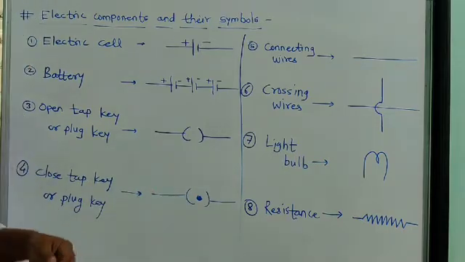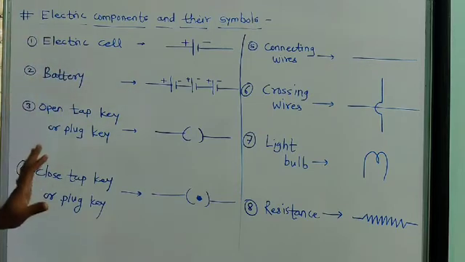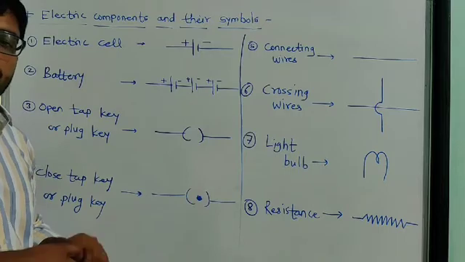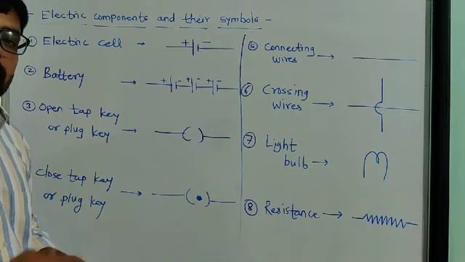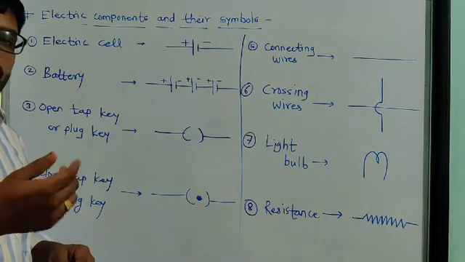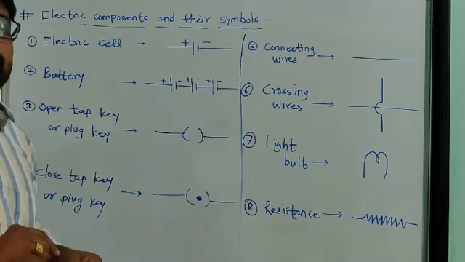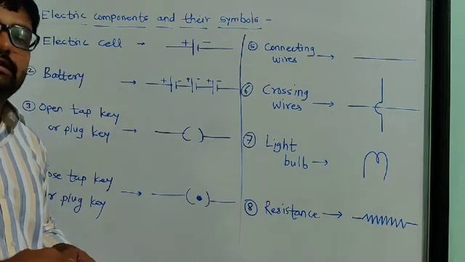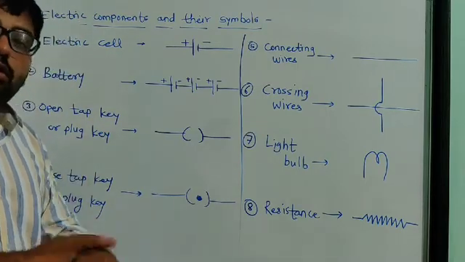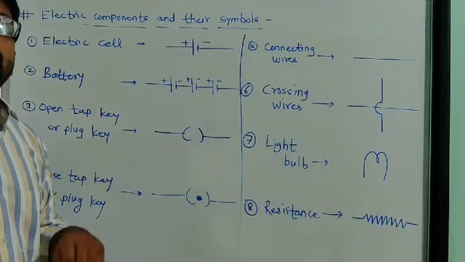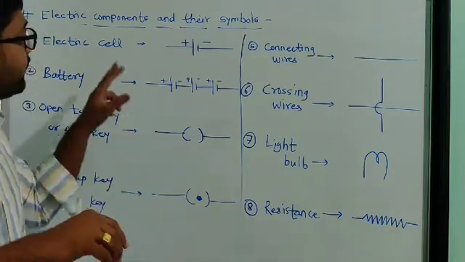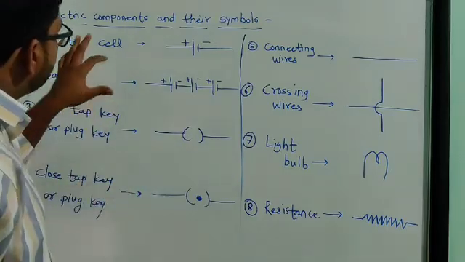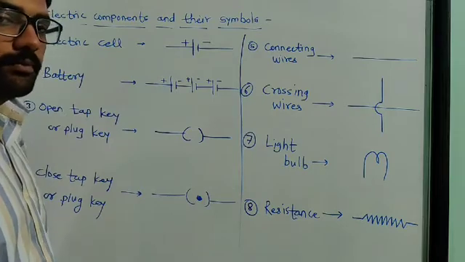Okay, so first we have to see the electric cell. A picture is given. If you look at our remote, there are 2 cells present in it. If you see a wristwatch, there is also a cell present in it. In this way we use electric cells.